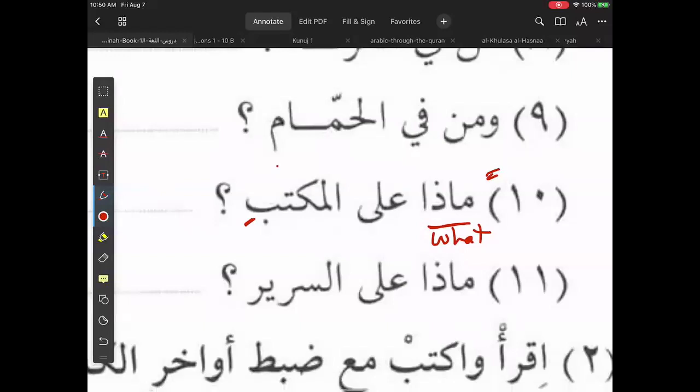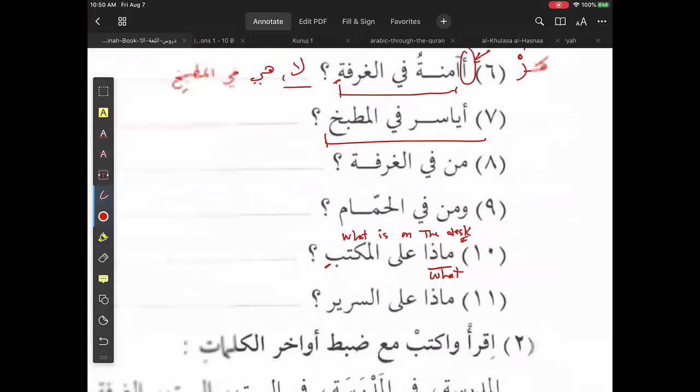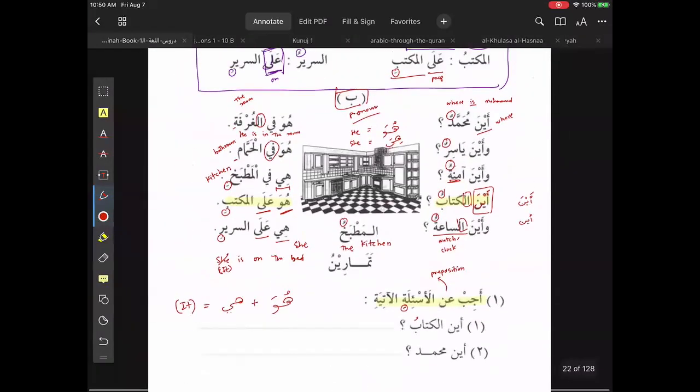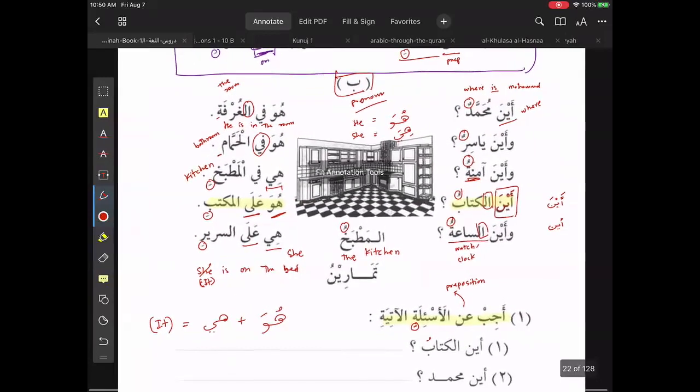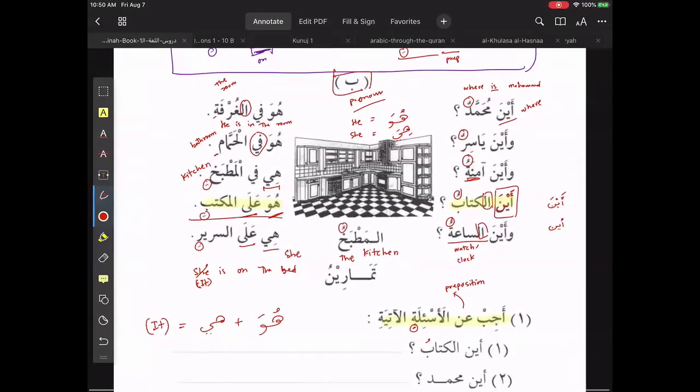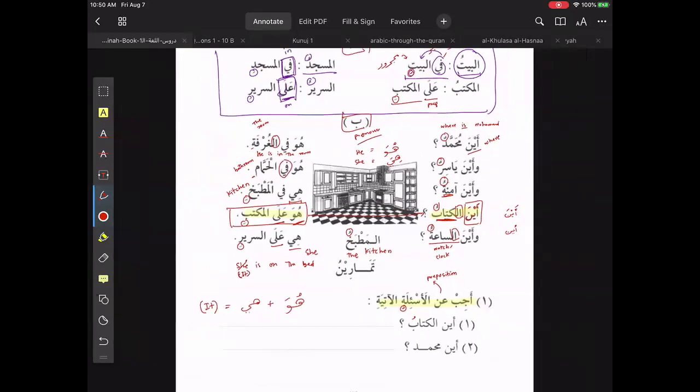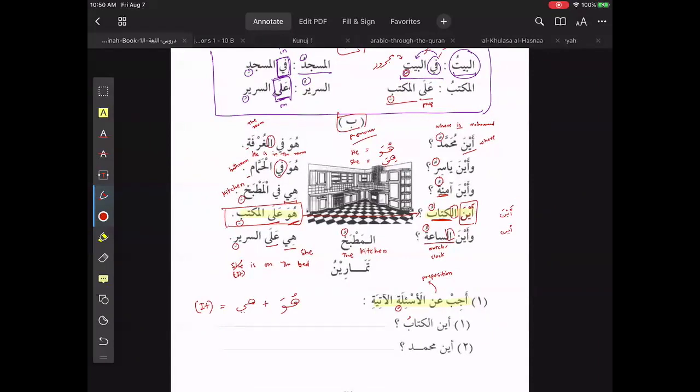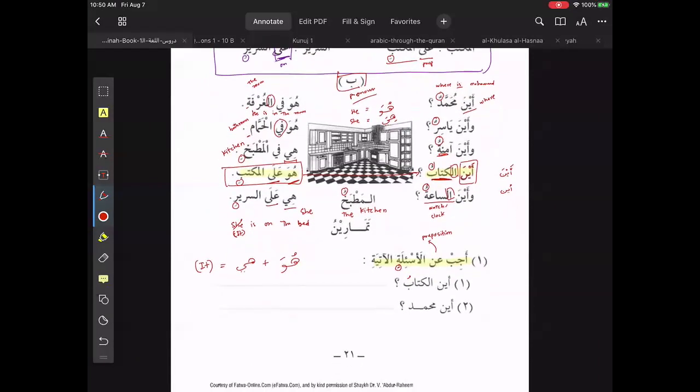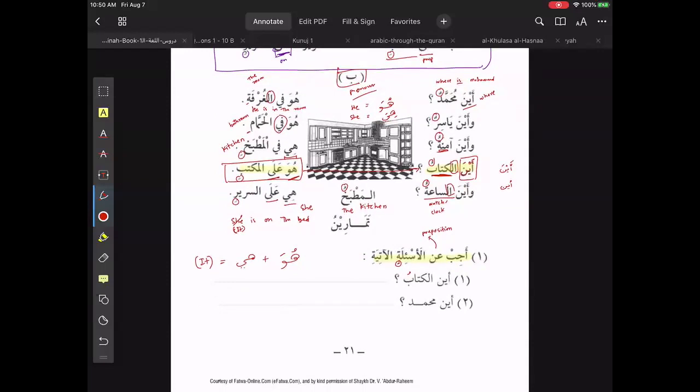Mada ala al maktab, what is on the desk? It says huwa ala al maktab. So what is on the desk? Kitab. It's kind of interesting, you have to read between the lines and things like that, but it's really not difficult.